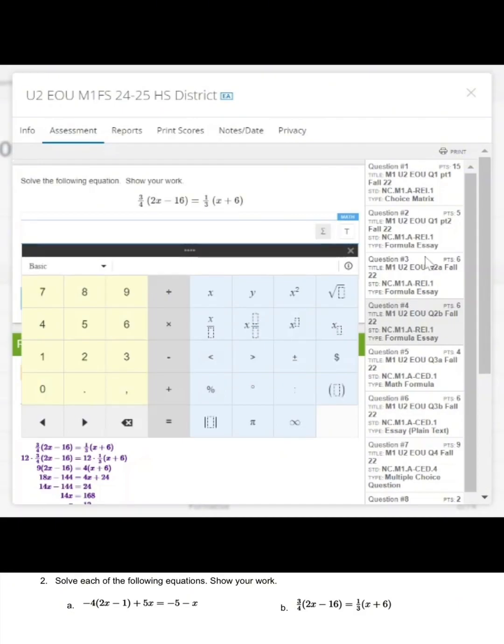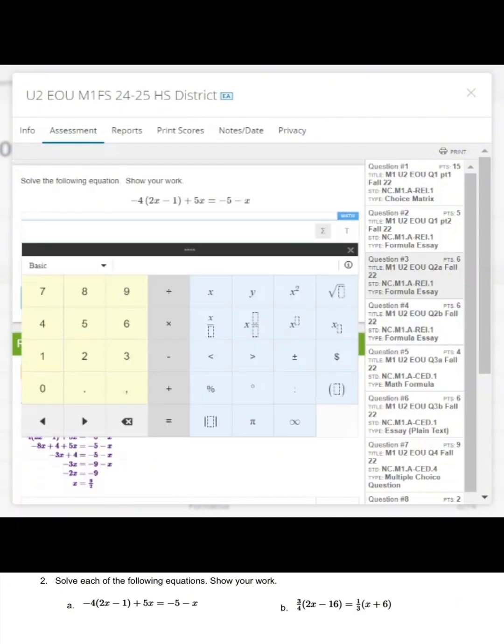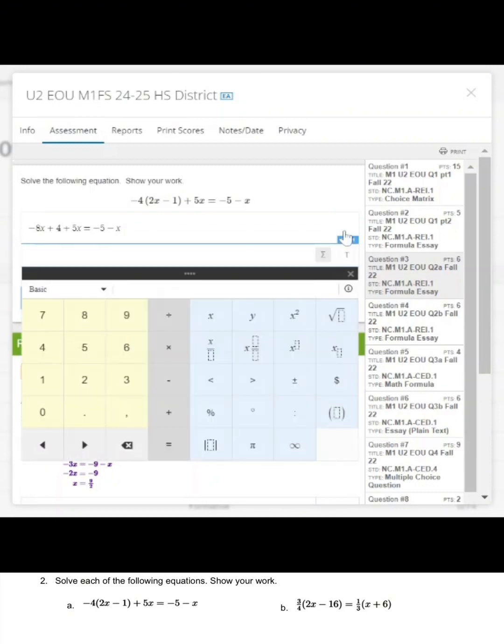Now how you do that, you put each step. So this is the one we just solved, right? I'm gonna put each step in there. So 8x plus 4, plus 5x equals -5 minus x. So that's my next step, and then I'm gonna press that button, or you can just press enter and it'll go down to the next step and you type in.